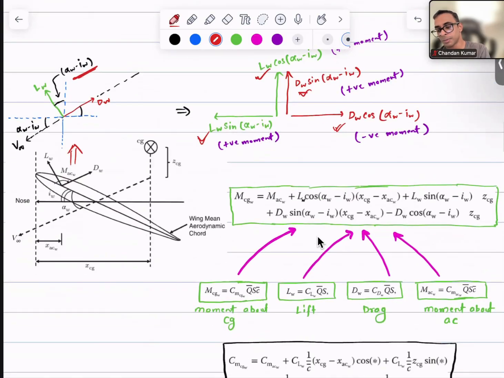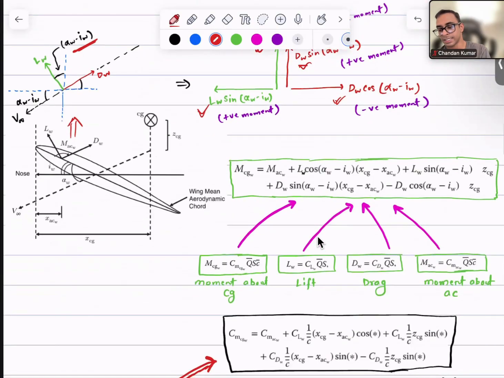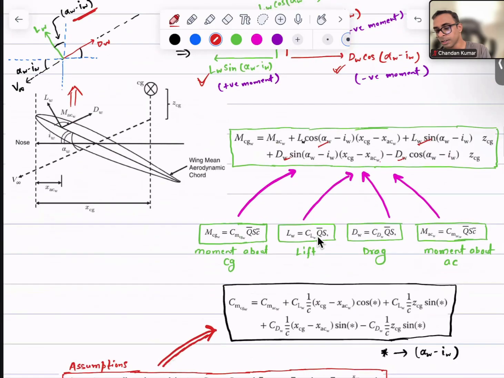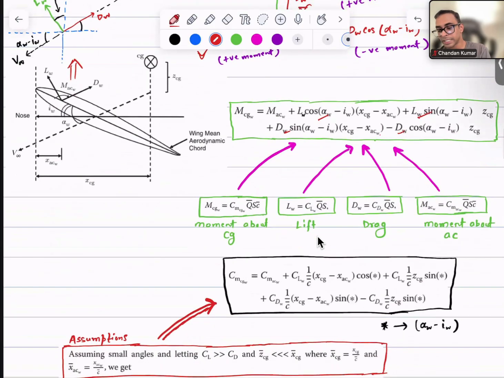So when we take the moment of all these forces about the center of gravity, we can write it in this form, where MAC is the moment about the aerodynamic center, and these are the lift contribution, and these are the drag contribution. We also know that we can express the moment and lift in terms of coefficients.